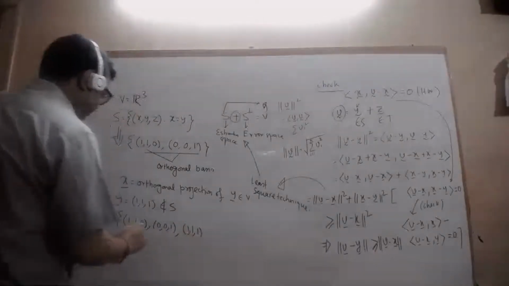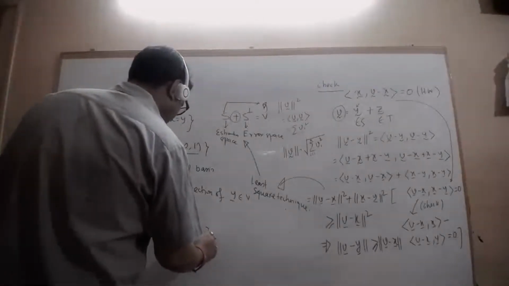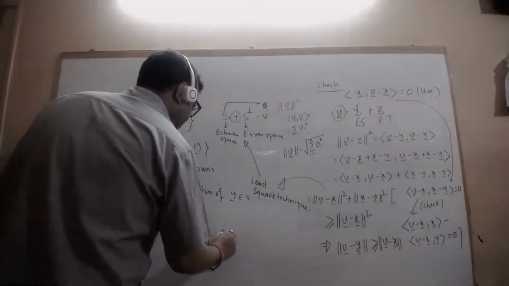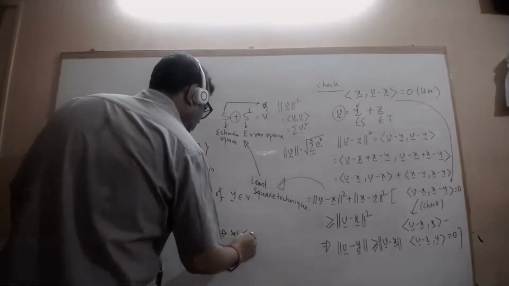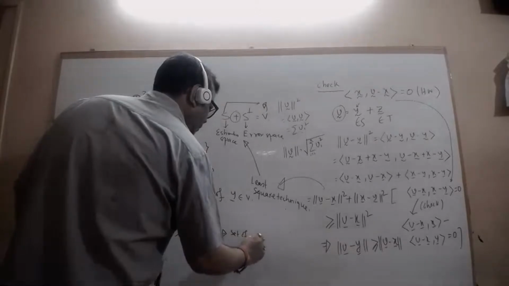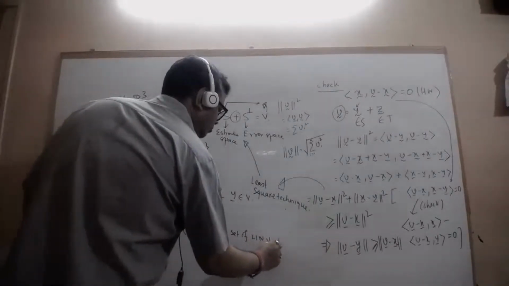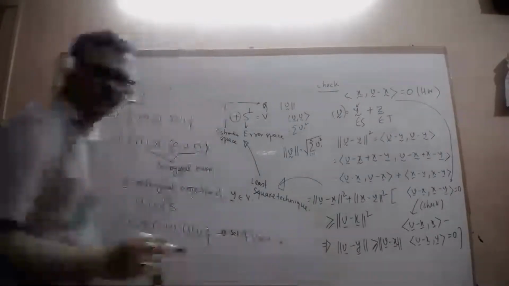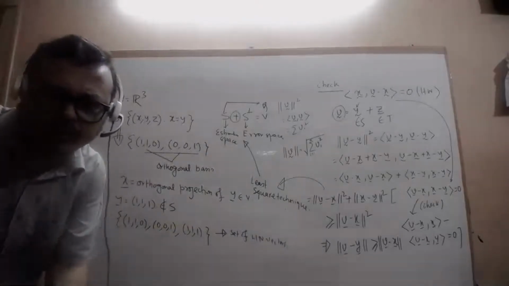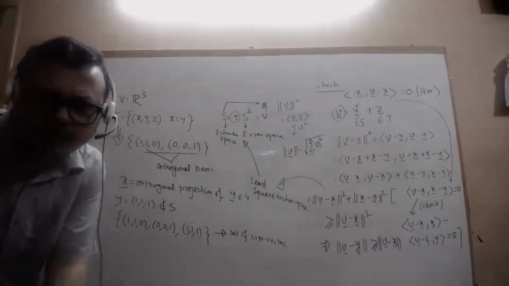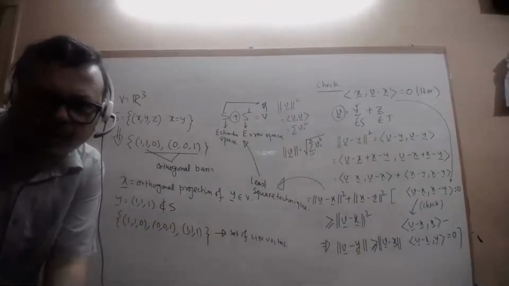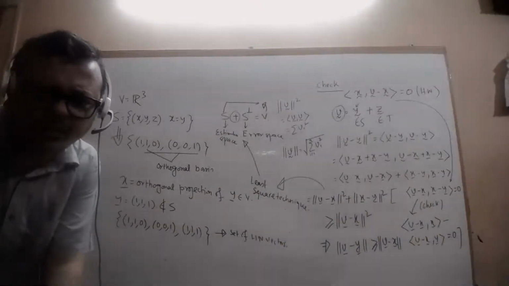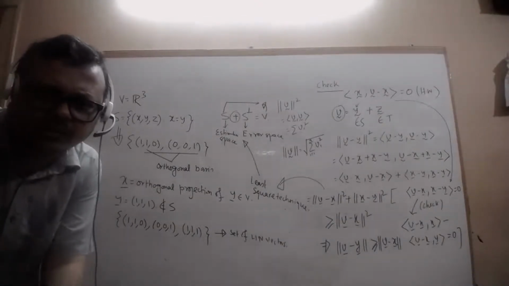So along with this, it is a set of linearly independent vectors. Degrees of freedom is nothing but the dimension of the vector space.